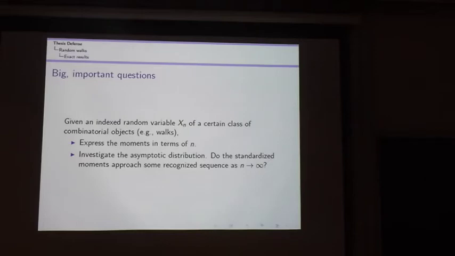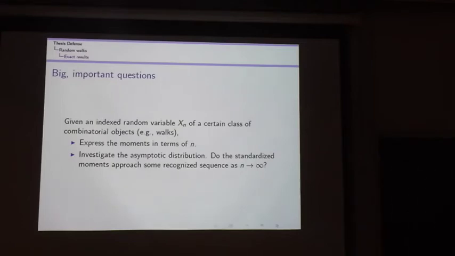Then another thing we want to try is, once we get that, look at what happens as n goes to infinity, in other words the asymptotic distribution. One question you could ask is whether it is asymptotically normal, because we know a lot of things like coin flips tend to be asymptotically normal as n goes to infinity. Any questions at this point?